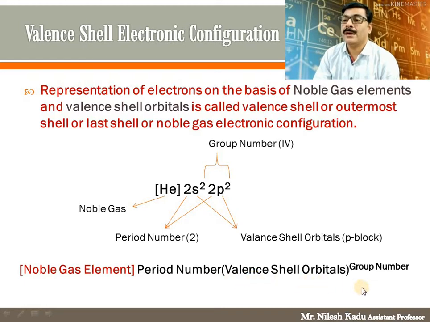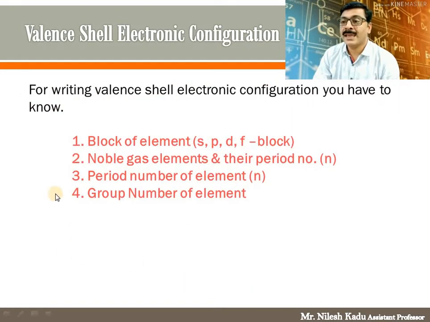But friends, for writing the valence shell electronic configuration you have to know four things. First thing, you have to know the block of the element, means on which block the element is present.